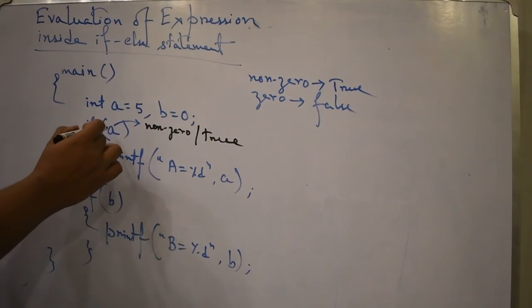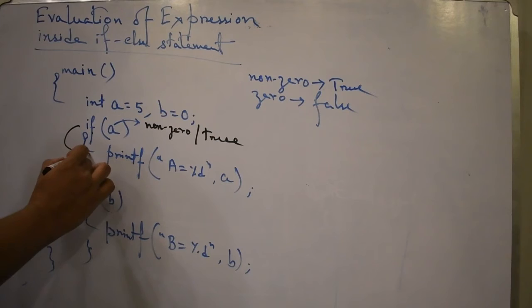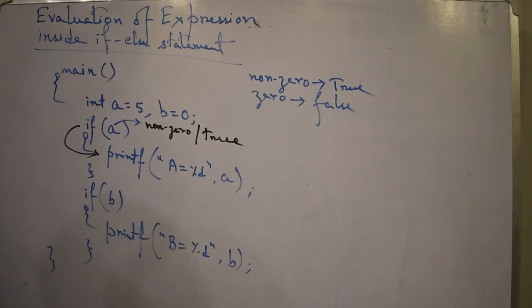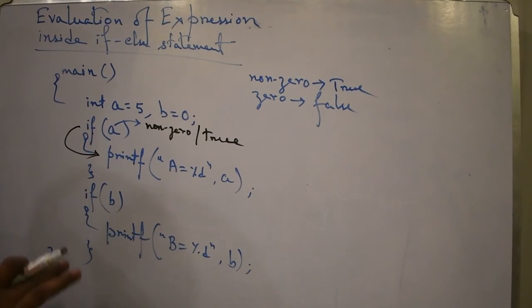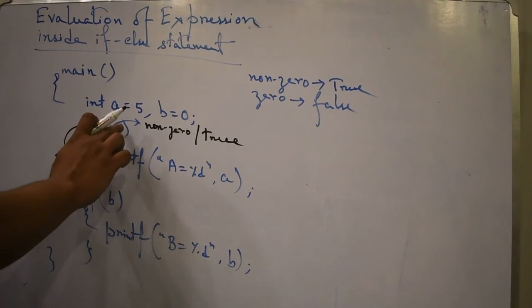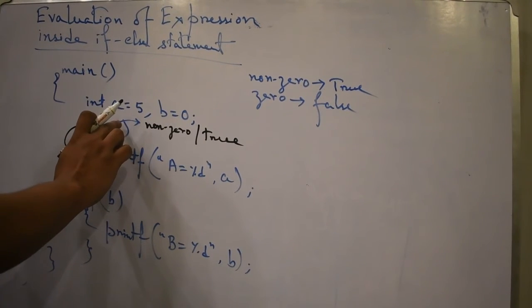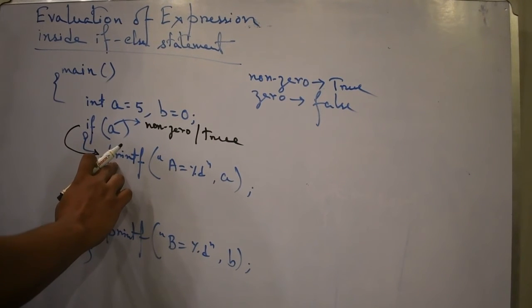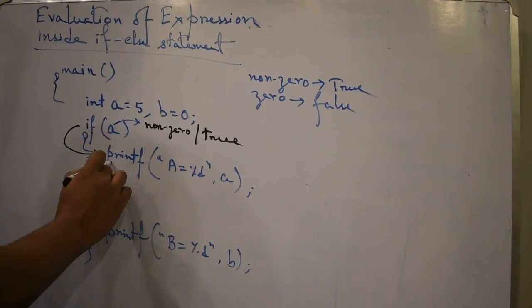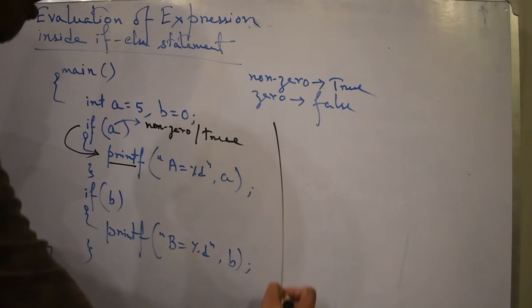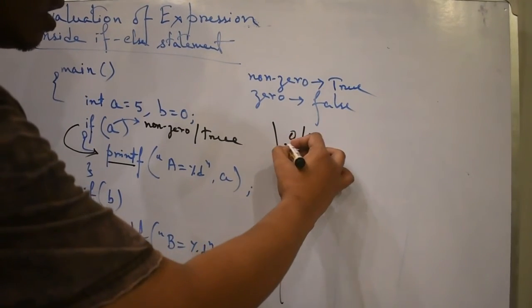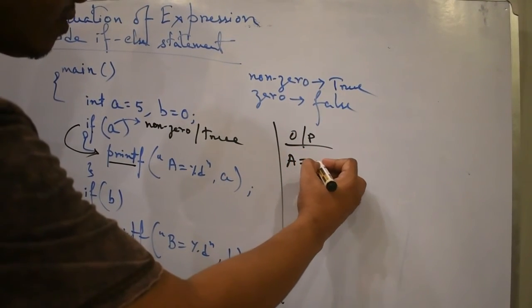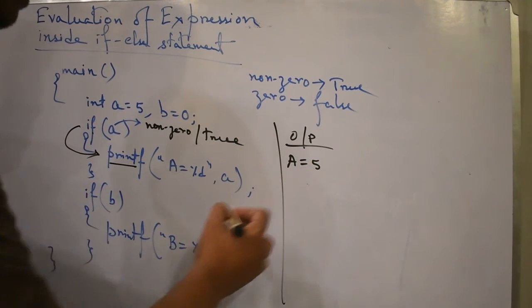If true, it will go inside the if block. Simple logic. If the expression gives value true, which is non-zero, then it will go inside if, and it will print this. So in the output you will see a equals 5.